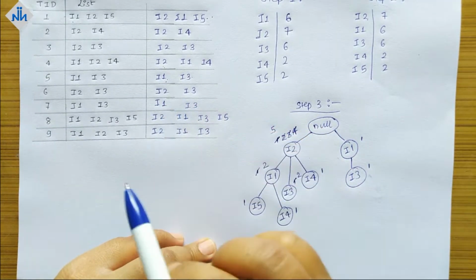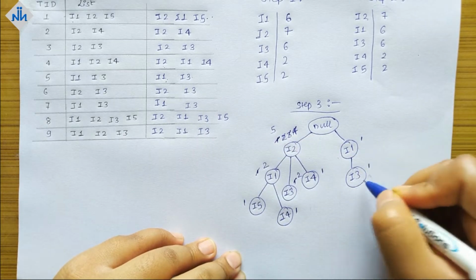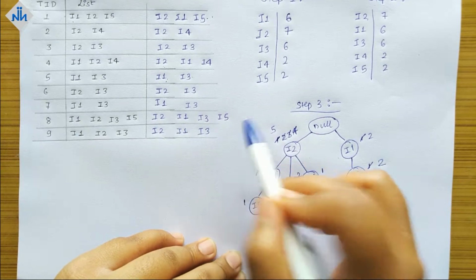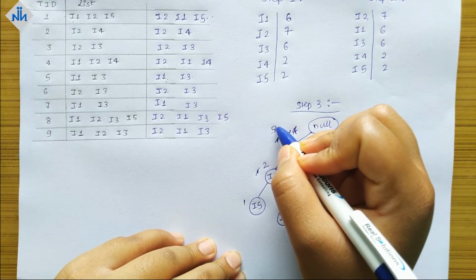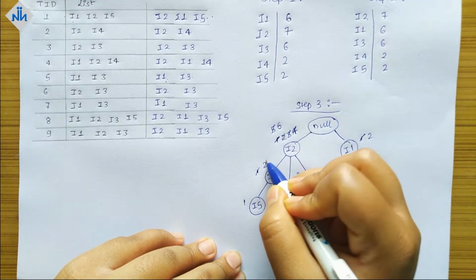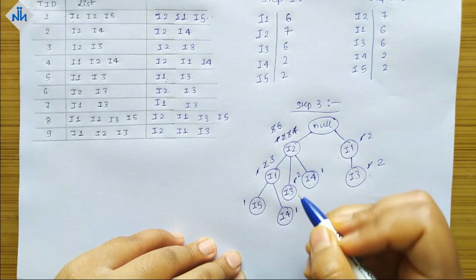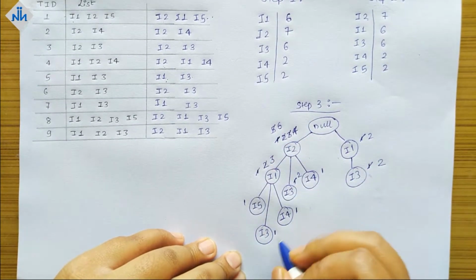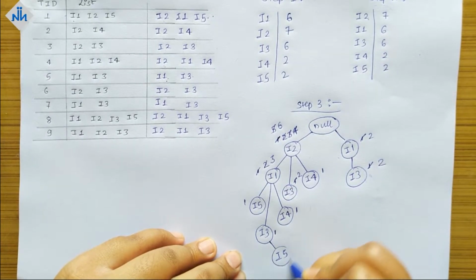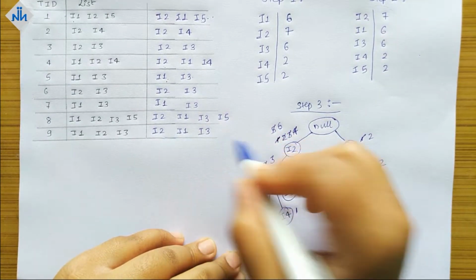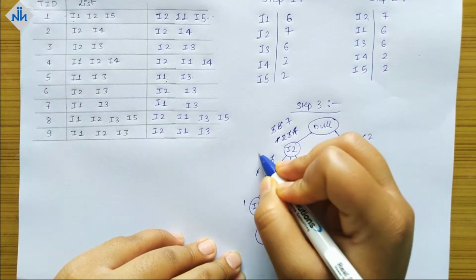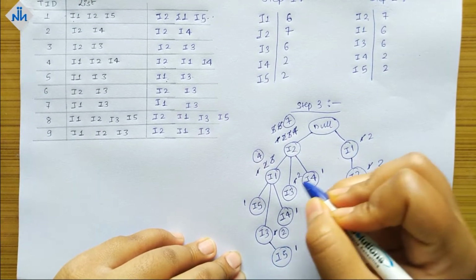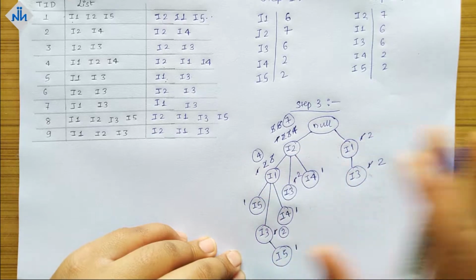Then I2, I1, I3, I5: I2 will become 6, I1 will become 3, we do not have I3 so we add 1, and then I5, seen once. Then I2, I1, I3: 7, 4, and I3 will become 2. This is our final. We have made the entire FP tree.